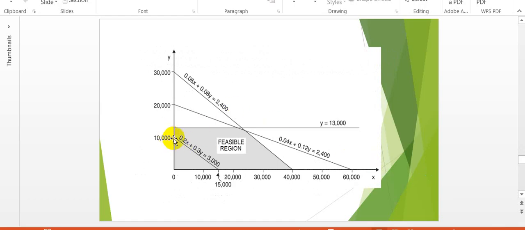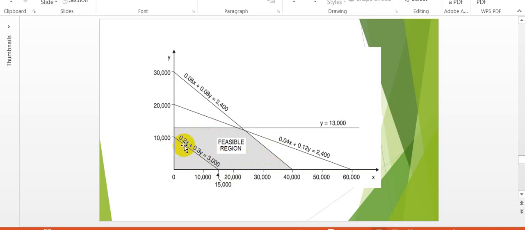So we can now draw the points of our objective function. That line there is what we call the iso line. We can draw as many iso lines as possible within the feasible region. So we take one of these iso lines and place a ruler on it.